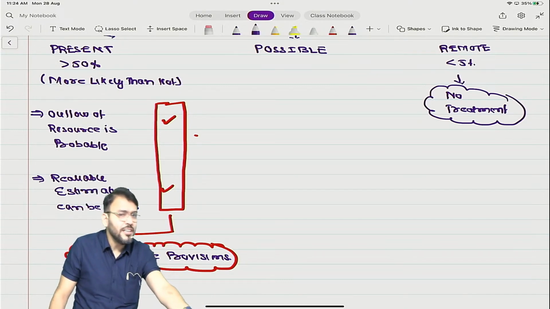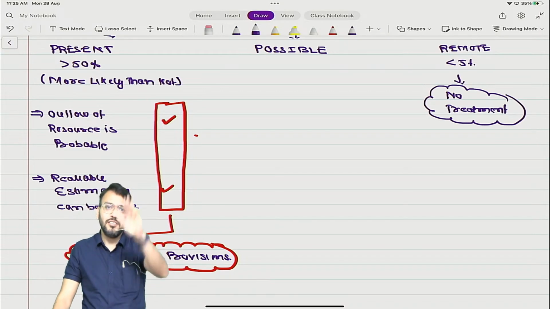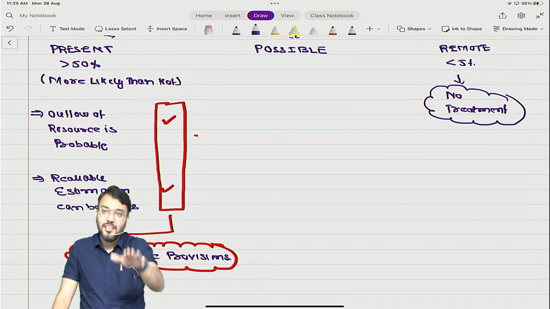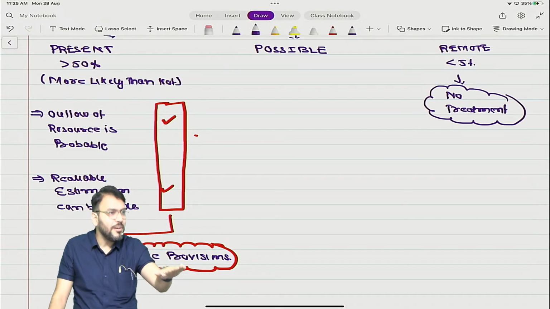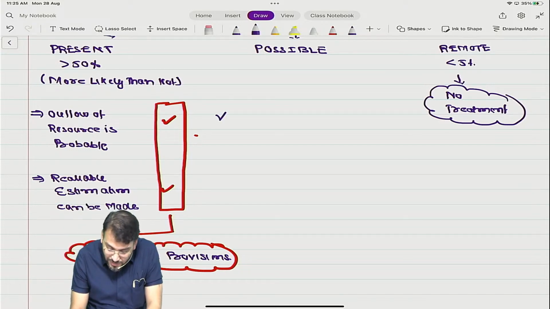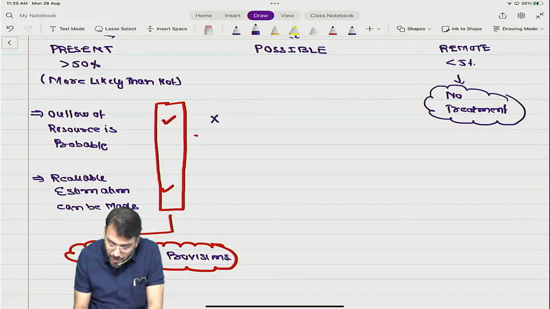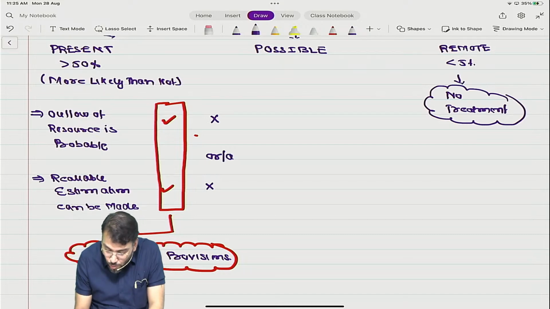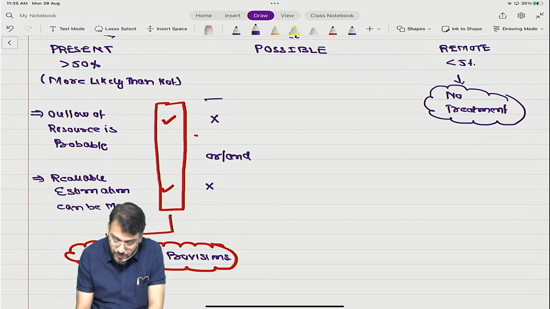Understood? Then disclose the fact. If you are not recording it, then disclose it, na. Where? Wherever required. Understood? Yes, sir. So can you see either this is not satisfied or this is not satisfied or both are not satisfied.